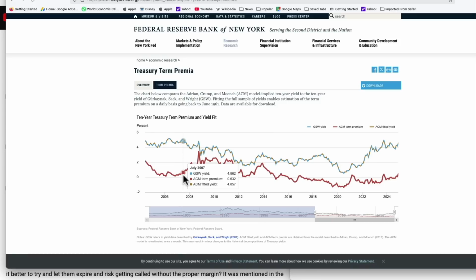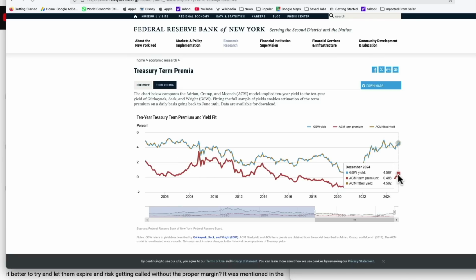So any yield is all term premium, right? If your 3-month rate is 0.2%, and you look out over 5 years, and the forward curve is flat at 0.2, you're basically saying that anything is term premium at that point. So it looks like you had very high term premium, but you also had very, very low short rates.